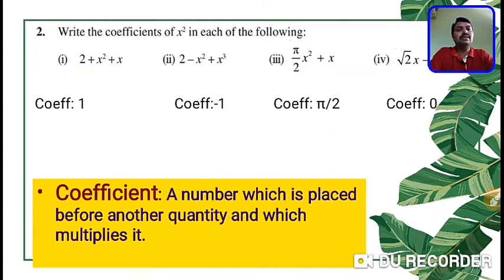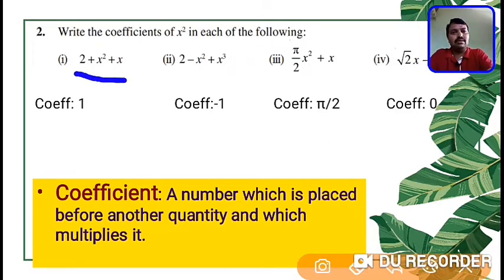Write the coefficient of x square in each of the following. So first one is 2 plus x square plus x. Coefficient of x square, I told you what is in the multiplication of x square.